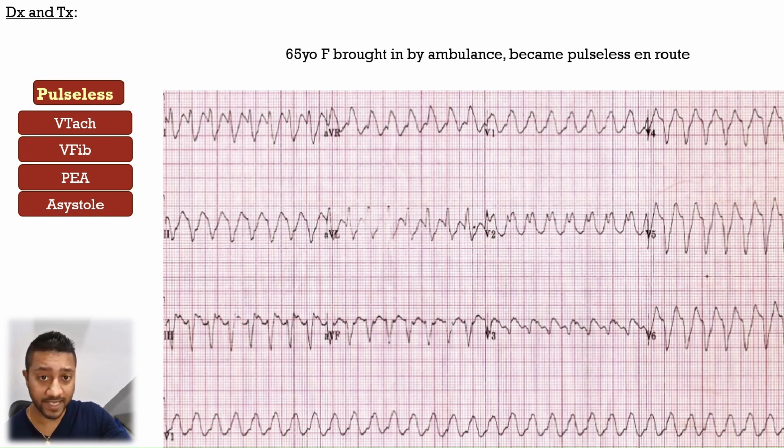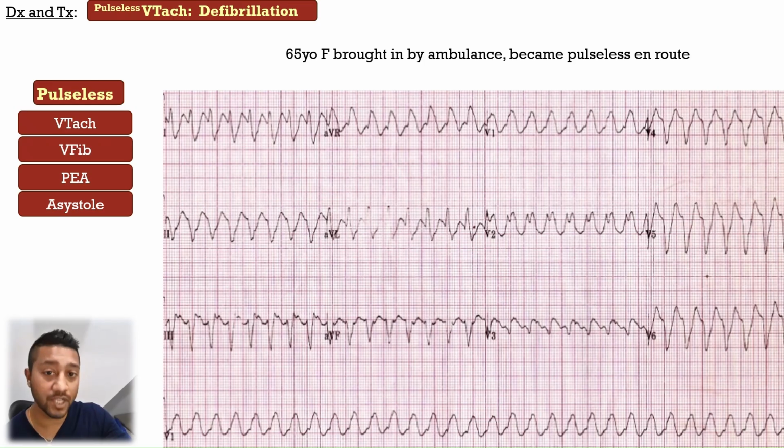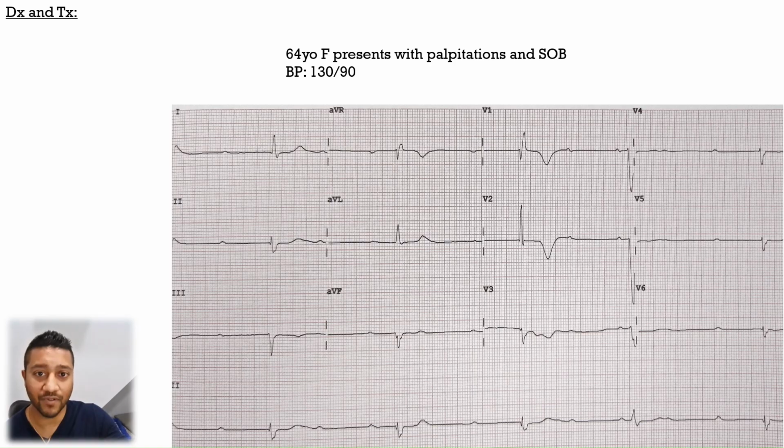And again, when we looked at this EKG, we saw those classic pine trees. So this is a pulseless VTach, and we know that that is one of the two rhythms that receive defibrillation as the treatment. So this person is going to get defibrillated, and then you're going to continue good CPR and epinephrine.